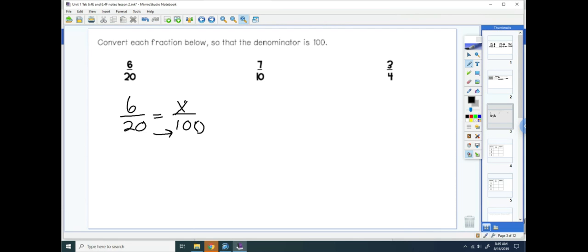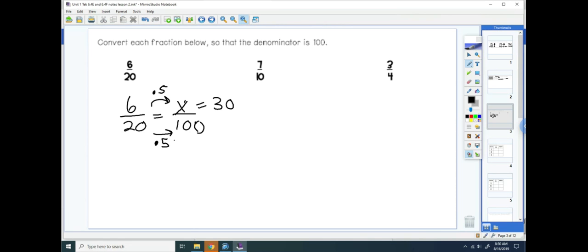So I know 20 times 5, and I don't want to use that x because that's not appropriate anymore, so we're going to use a dot, 20 times 5 equals 100. If I multiply the bottom number, the denominator, by 5, I'm going to have to multiply the numerator, the top number, by 5. So 6 times 5 equals 30.